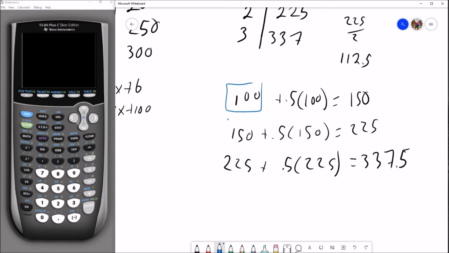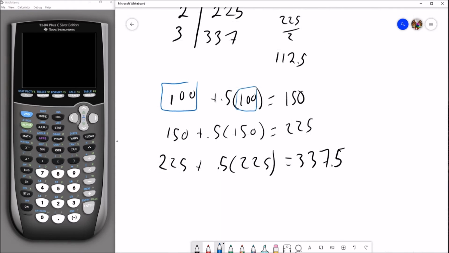So we have 100 here, and we have a 100 right here. And similar cases to 150 to 225. So we can rethink this as there's one whole copy plus half a copy, so that's 1 plus a half times 100.